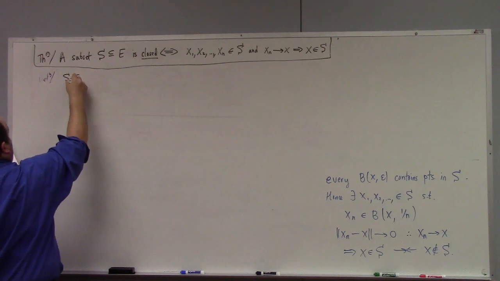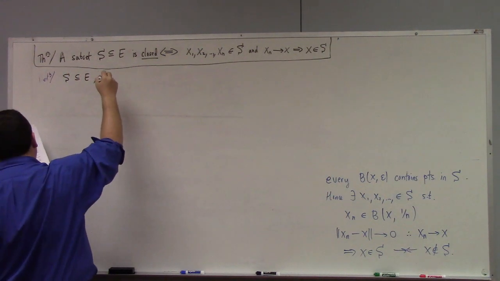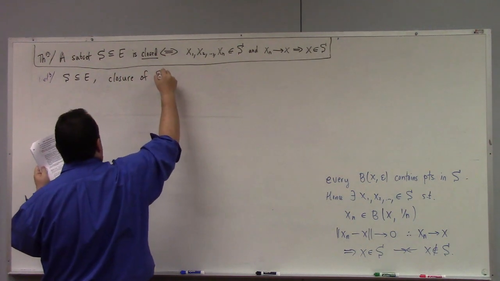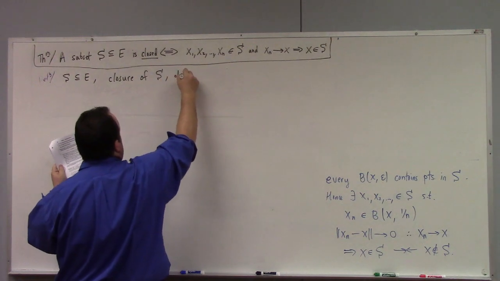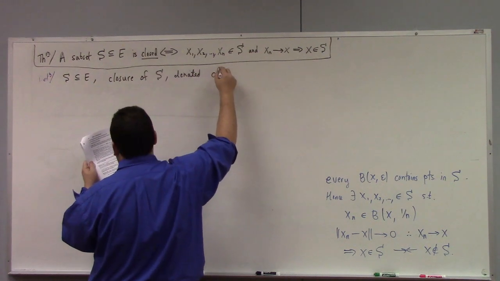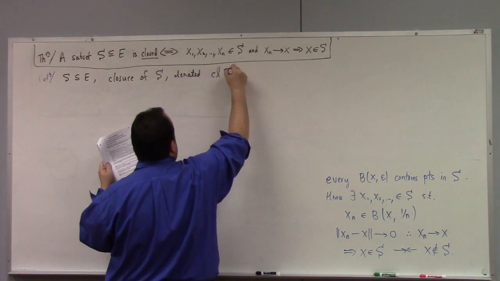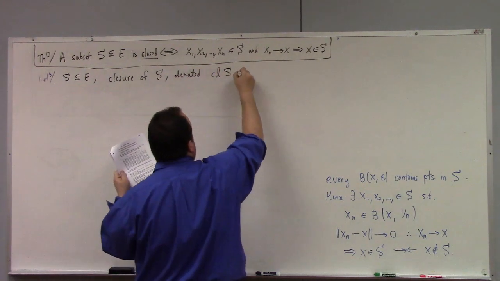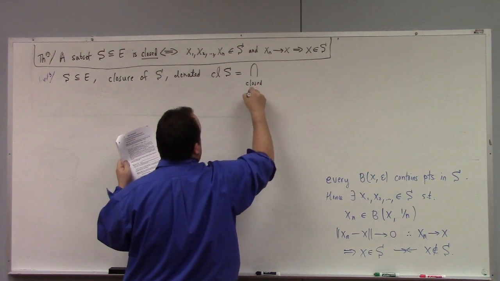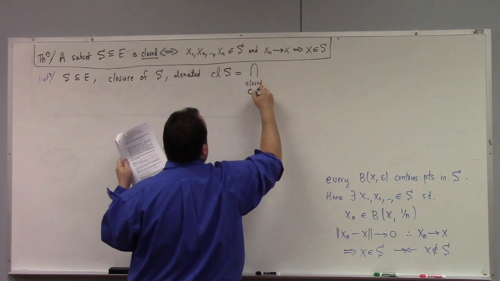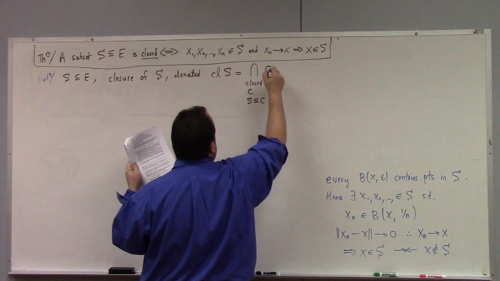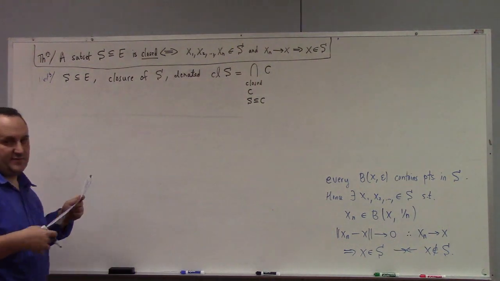For S a subset of E again, the closure of S, denoted in this book CLS, is just equal to the intersection over all closed C such that S is a subset of C. In other words, it's the intersection of all closed sets which contain S.